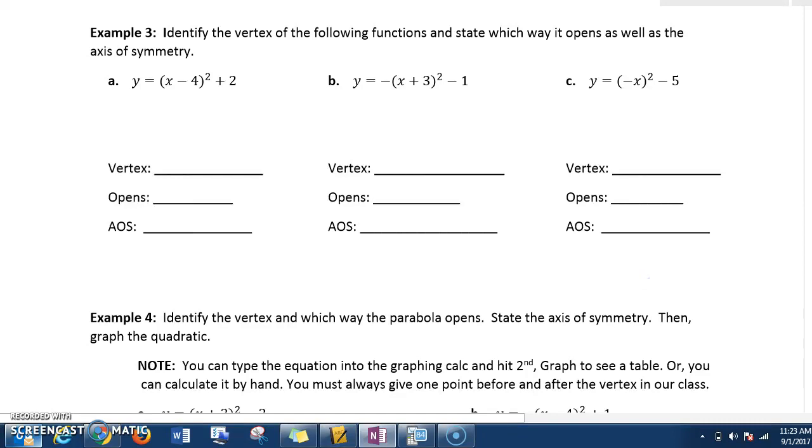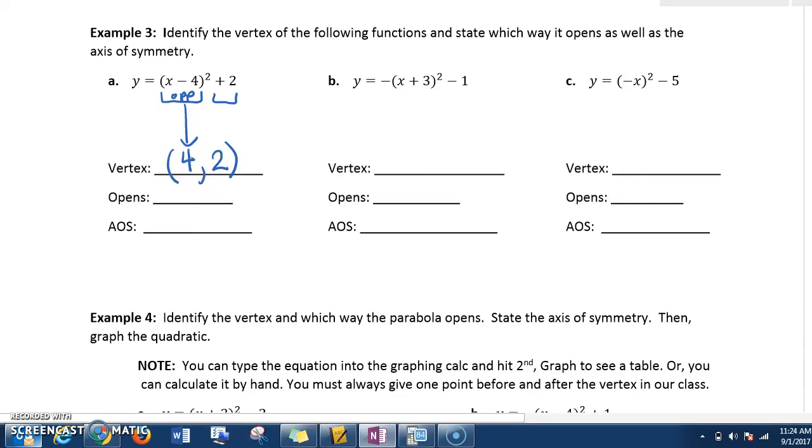Now what we're going to do is, given an equation, answer some of these questions. So I'm going to tell you exactly where to look for each one. To find the vertex, we look at what's inside with the x and also what's outside. We always take the opposite of what we see. So notice it's -4, but we always take the opposite. So that's going to be positive. But then we take this 2 as it is. So the vertex is at 4, 2.